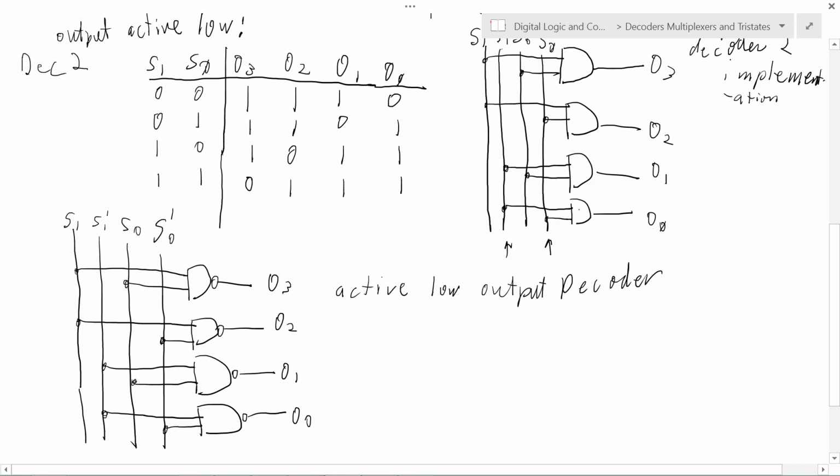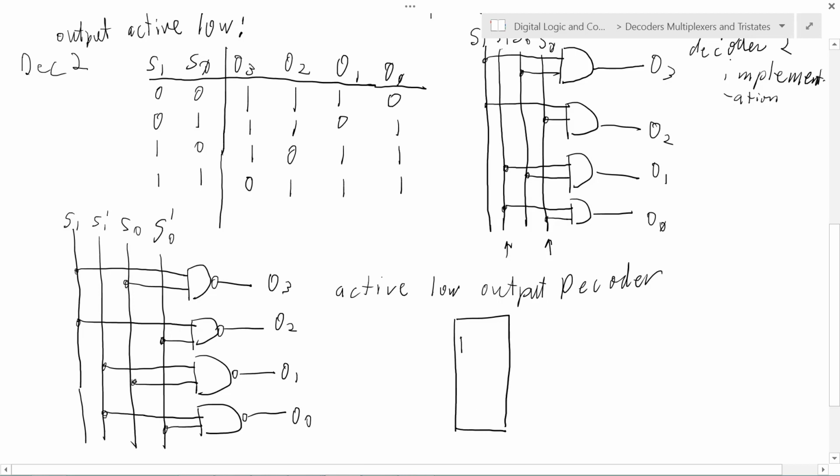There is one other possible symbol or input signal that could come to a decoder, which is called the enable signal. The enable signal sets whether the decoder is outputting a signal or not.